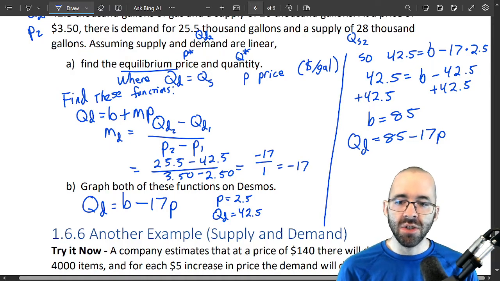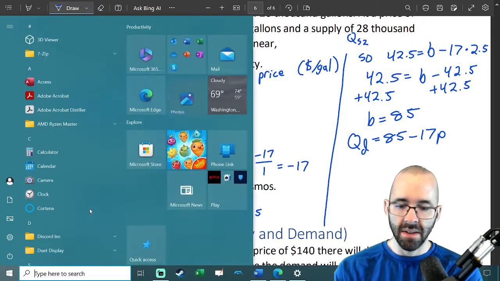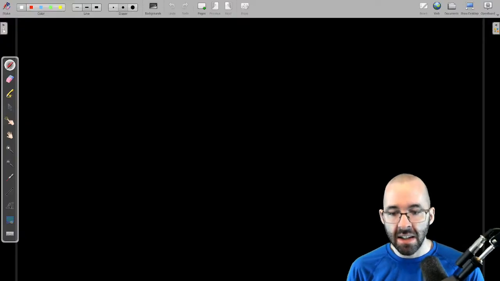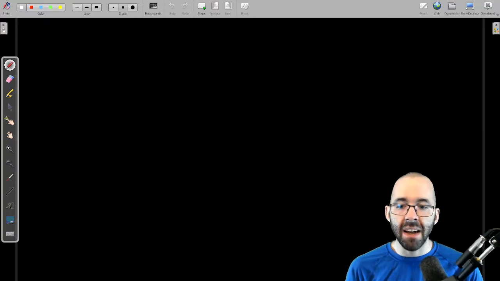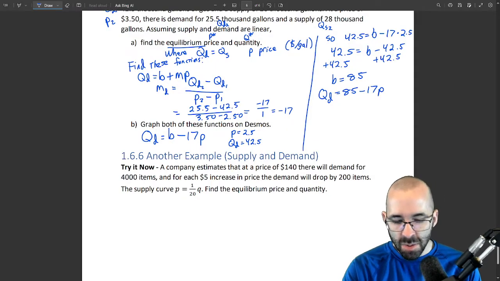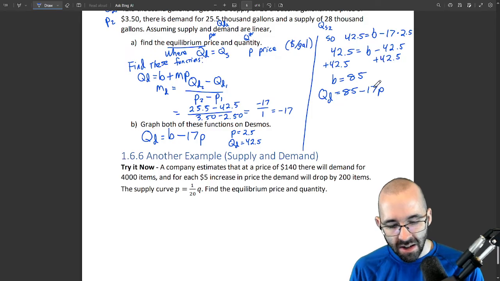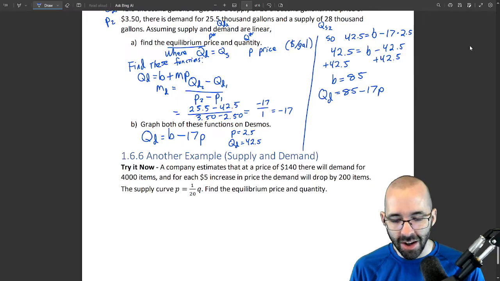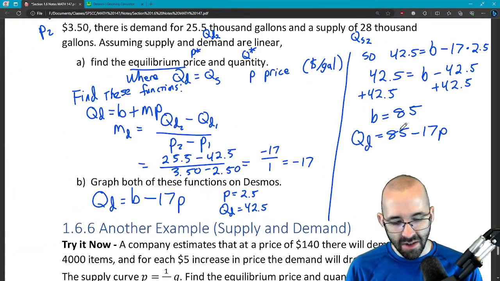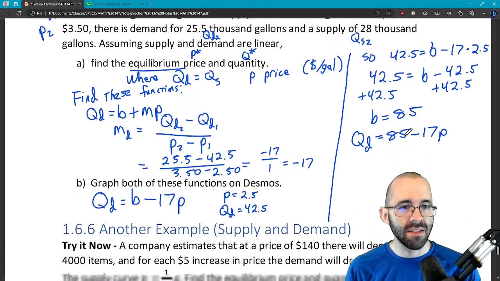This represents the relationship between demand and price. As the price that the sellers can sell at increases, the demand is going to go down, right? People are going to want to buy fewer of these things. Specifically, this says that if gas were free, if the price was 0, the demand would be for 85,000 gallons.